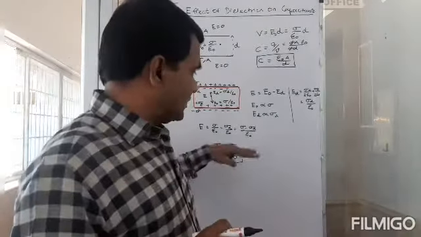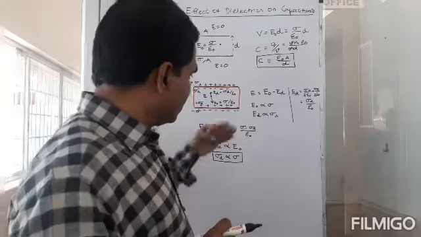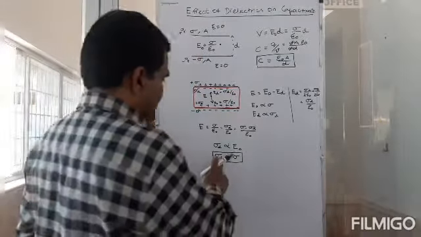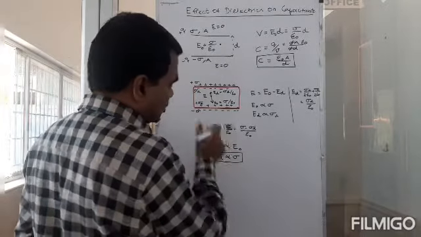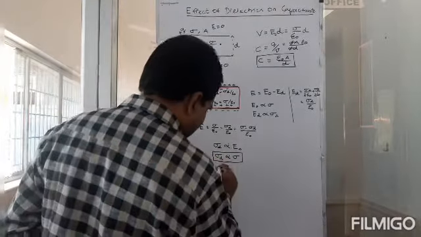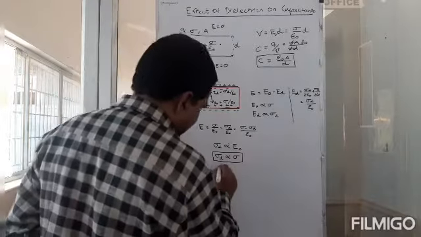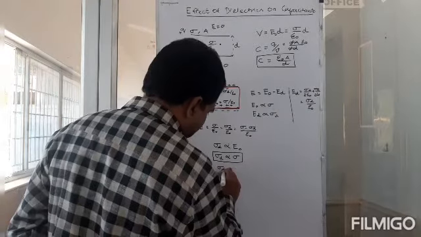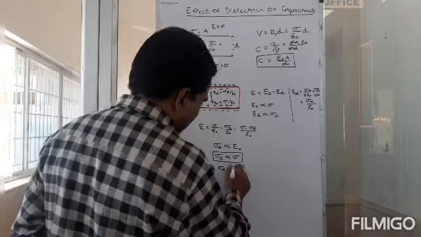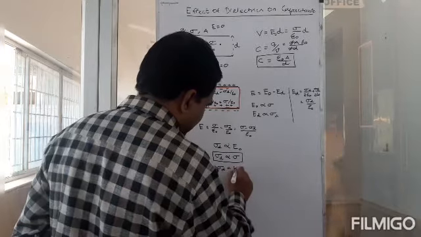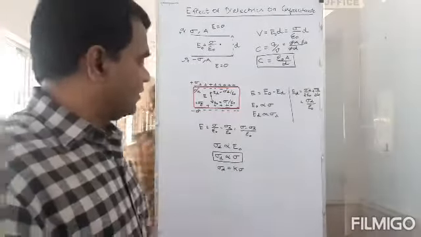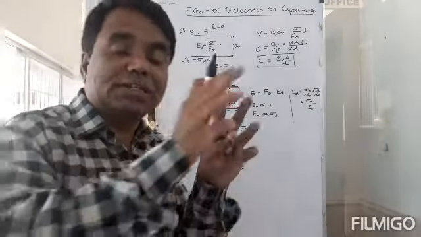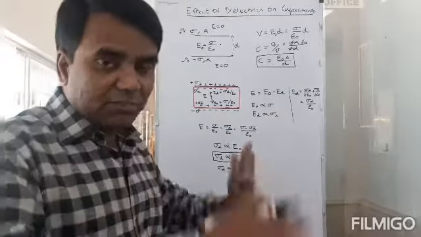Okay, once this is understood, then we can proceed. So, if sigma D is proportional to sigma, then I can introduce a constant right there. I will say sigma D is equal to some constant k into sigma. But this constant k is different from the k used in your textbook. I will come to that later.